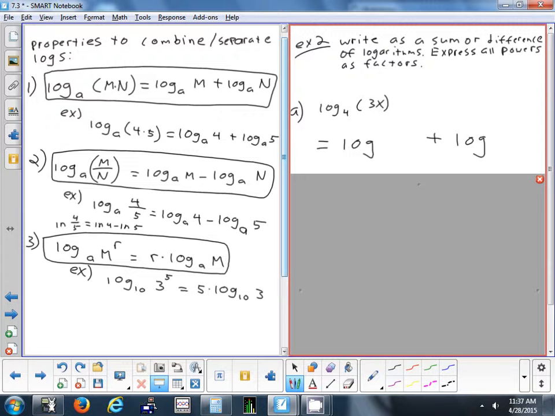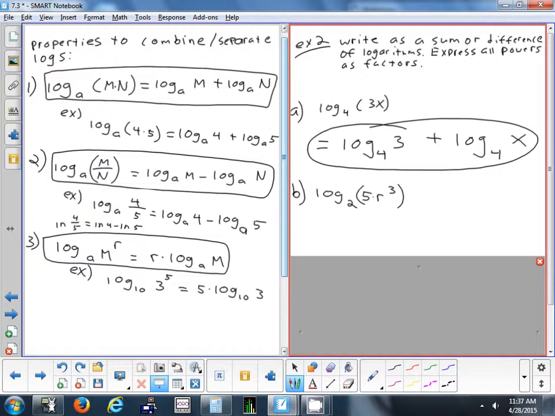The base doesn't change. It stays exactly what it originally was. What's going to be my first argument? 3. Second argument? X. Done. You know, they get a little harder than that, but that's the basic idea. That's how you take a logarithm and you can split it apart into 2.